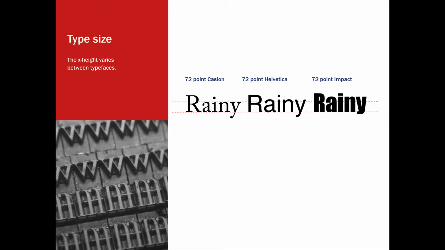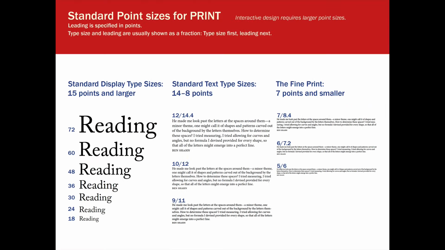Here you can compare 3 different type fonts in 72-point, and you can see that in Impact, the tail of the Y has been shortened tremendously to allow for a larger x-height in the 72-point size.